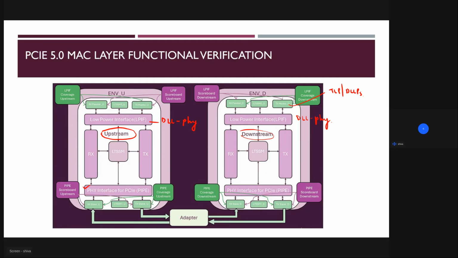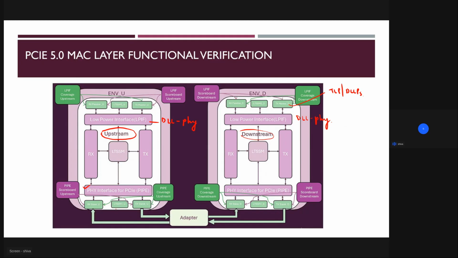Both the LTSSM2 downstream and upstream agents will force the link into the detect state, which is known as forced detect state. We also use the LTSSM2 agent for getting the LTSSM status, the link bring up, whether the link is up or down, to know the link up or down state for the data link layer.